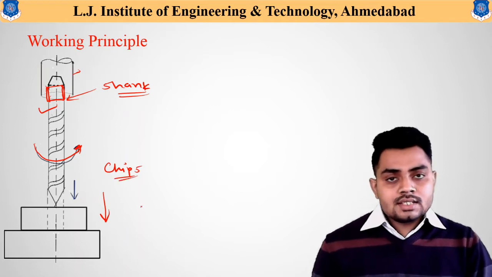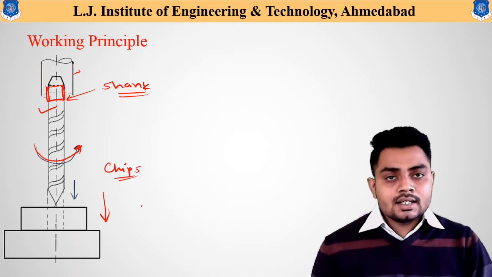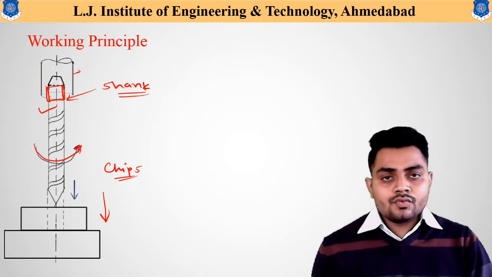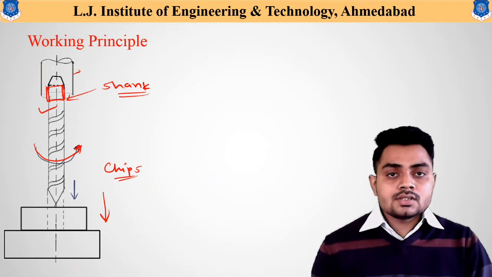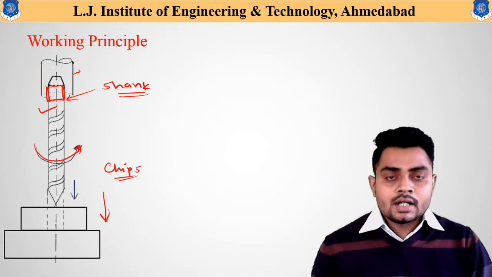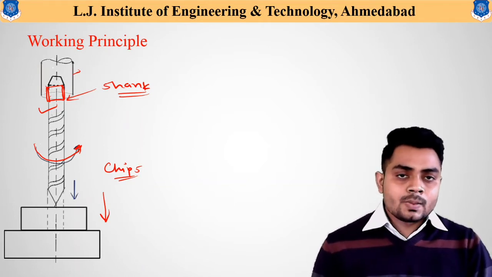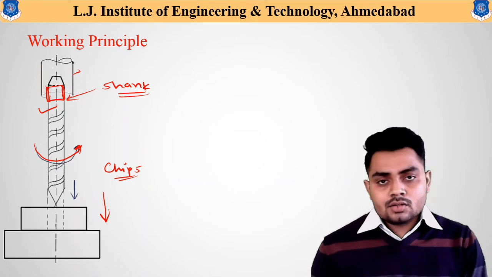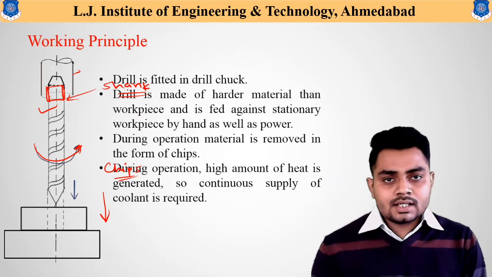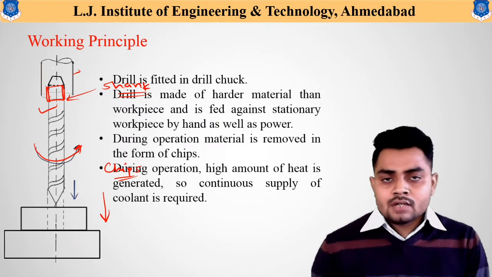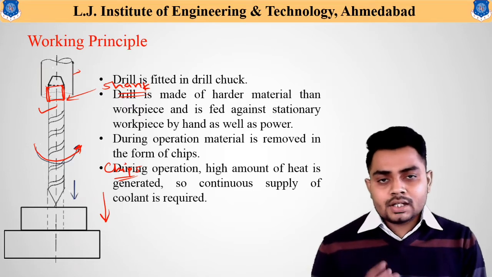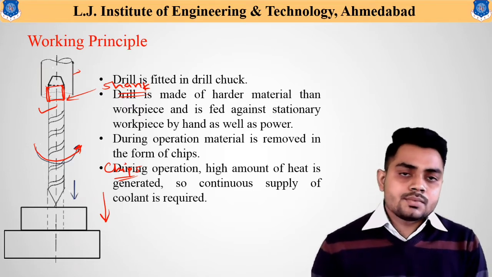So as the chips are generated and the material is removed from the workpiece, due to friction there are chances of heat generation, and that is why continuous coolant supply is necessary for efficient hole generation or efficient machining operation in these drilling machines. We have discussed some of the important terms in this working principle, and they are noted over here, which you can read very easily to understand the fundamental concepts.